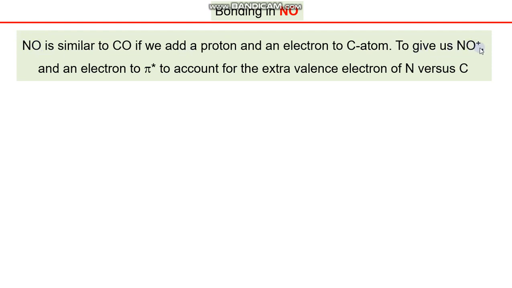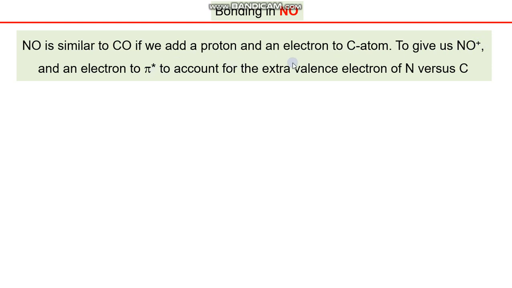Now to give this nitrosyl cation, add an electron to the pi star orbitals to account for the extra valence electrons on nitrogen versus carbon. So this is actually the nitrosyl cation, and while explaining the bonding in the nitrosyl cation, we have to remove an electron.